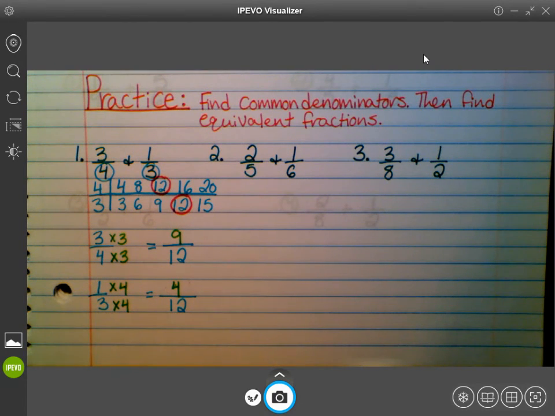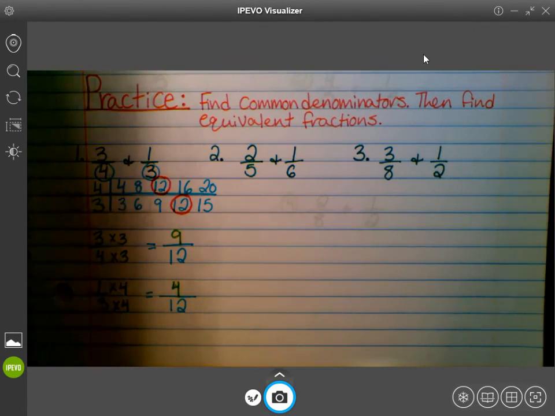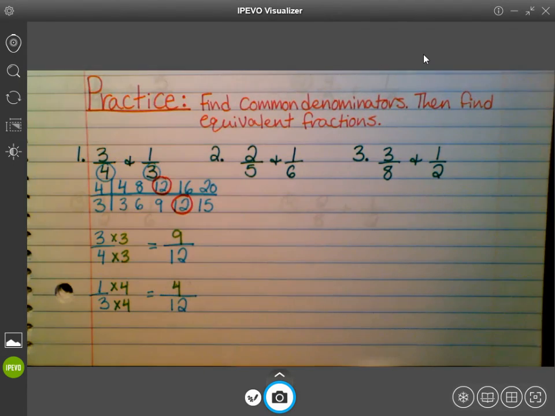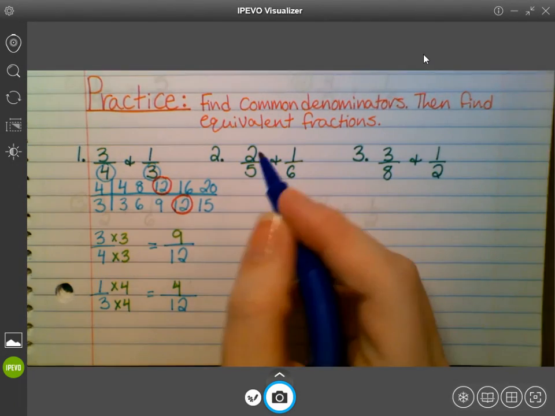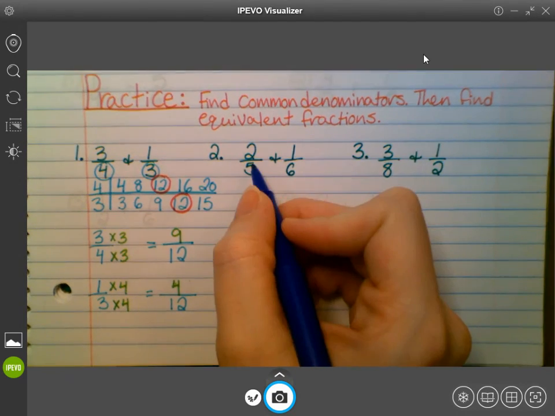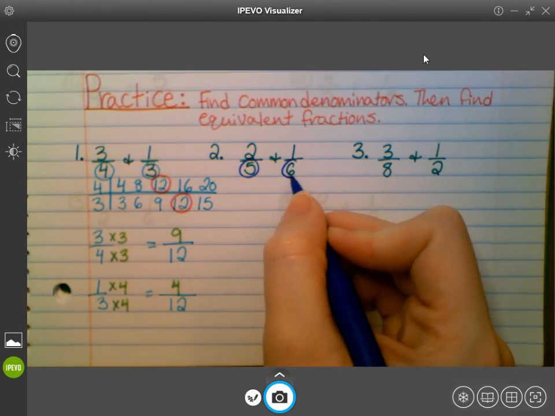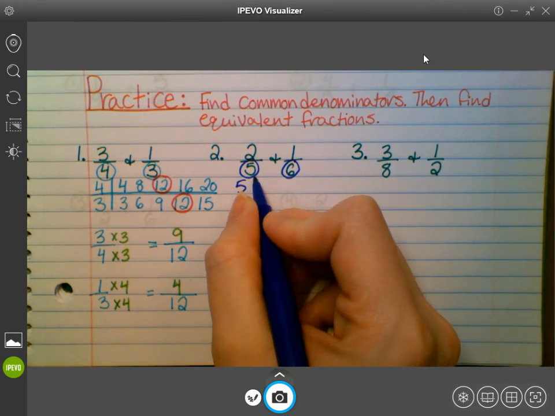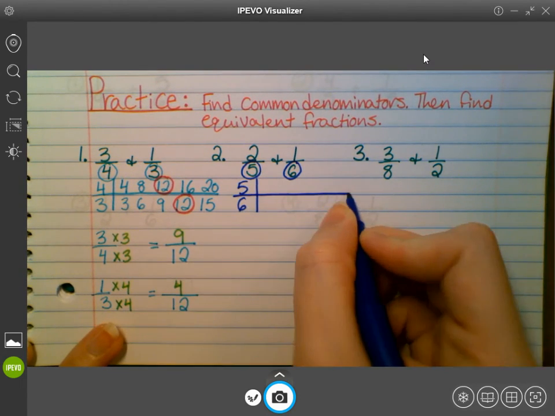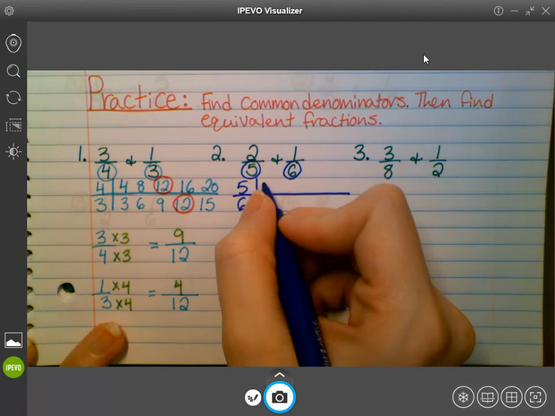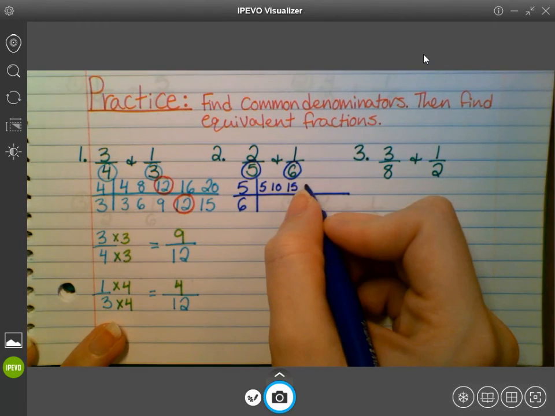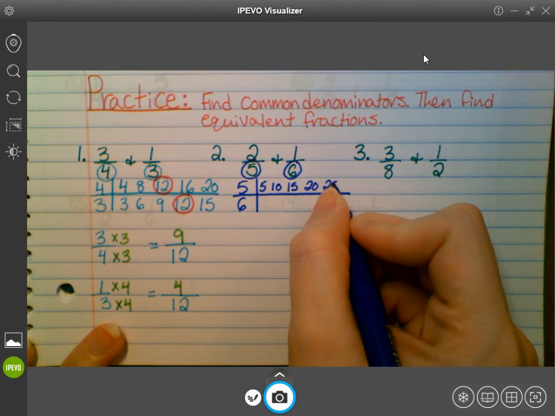Number 2, same thing. I'm going to use a different blue so that you can tell which one is for number 2. All right, so my denominators are 5 and 6. So I'm going to make my little chart over here with the 5 and the 6. I'm going to list their multiples. I have 5, 10, 15, 20, 25, 30.